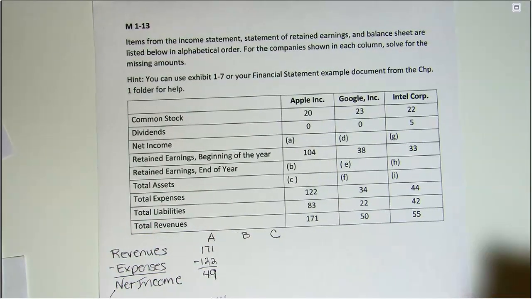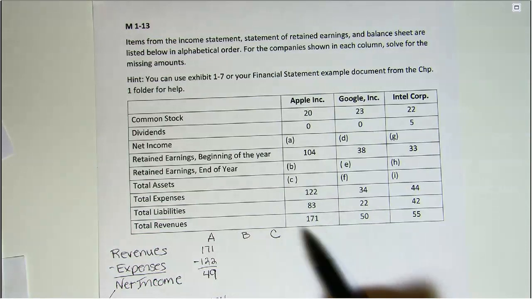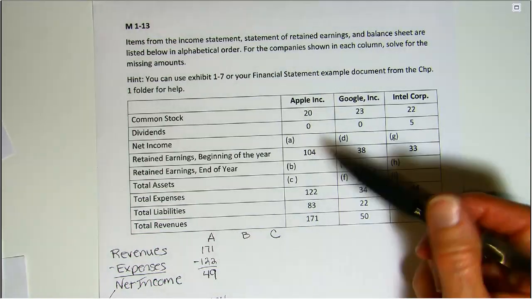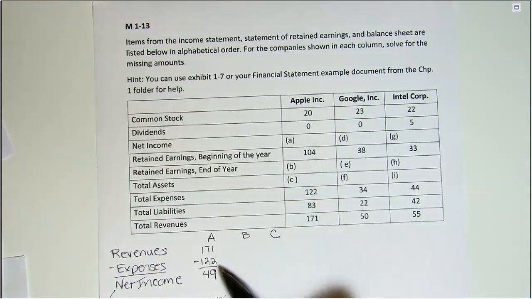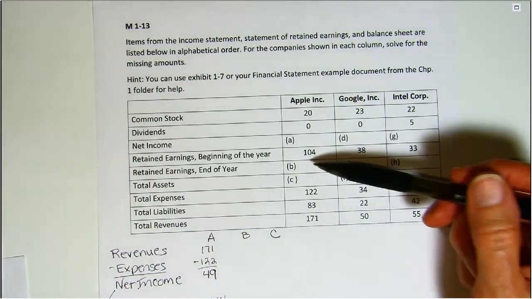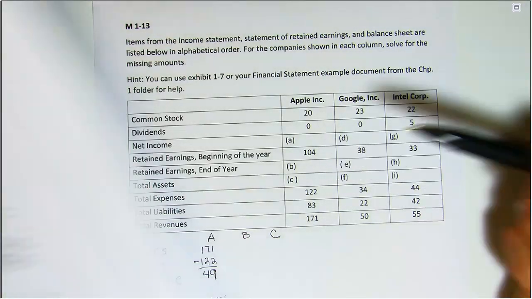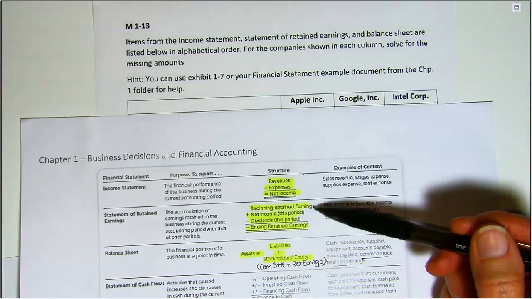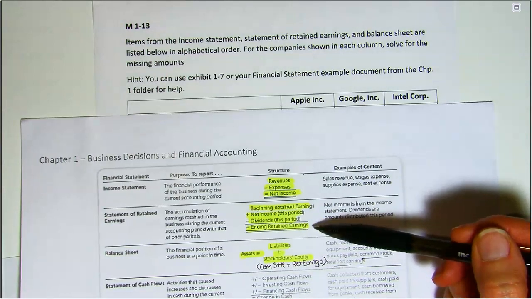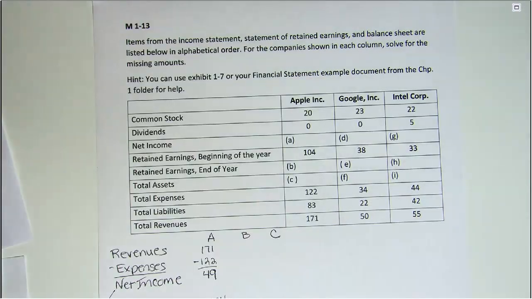Okay. So total revenues are $171. Total expenses are $122. We subtract to get net income of $49. To find our next item, end of the year retained earnings, we use our retained earnings statement formula. And I've reproduced it here.